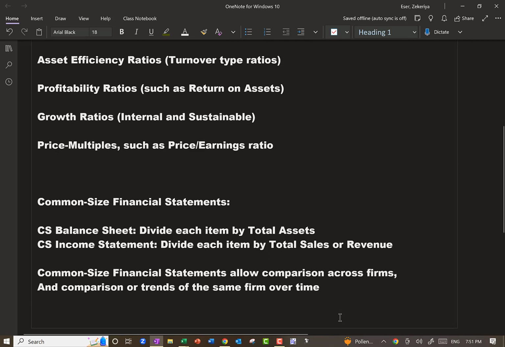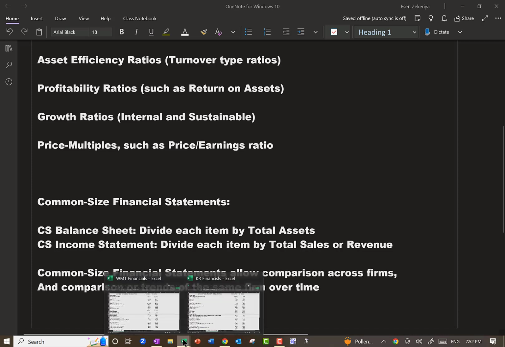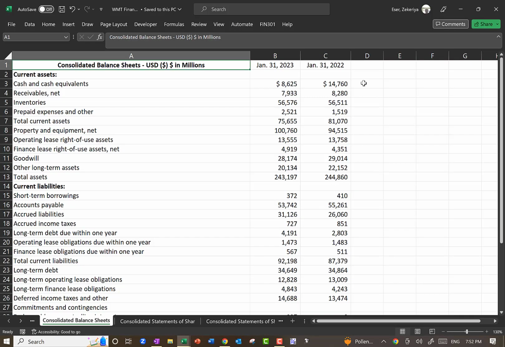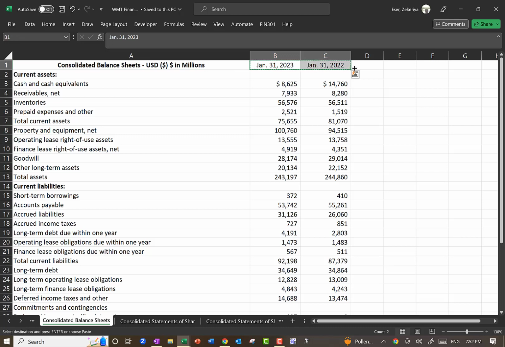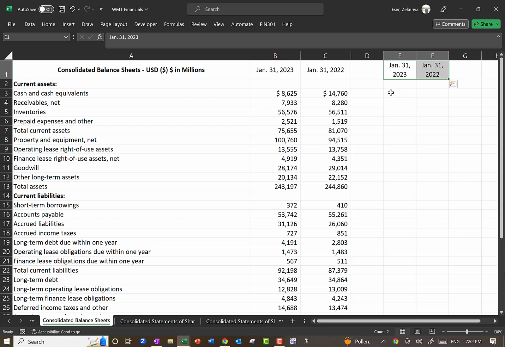Just like Kroger is not the same size as Walmart, Walmart today is not the same size as Walmart 5 years ago, right? So let's go ahead and do that on the balance sheet. Let me copy these. For each of these, I'm going to take the item and divide it by total assets.